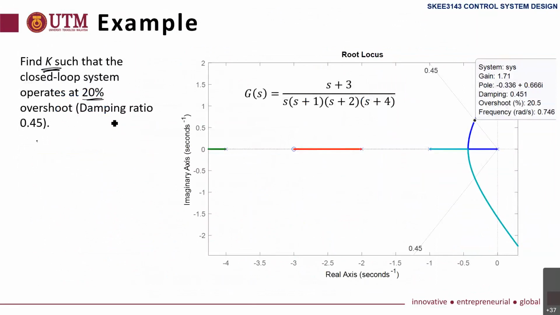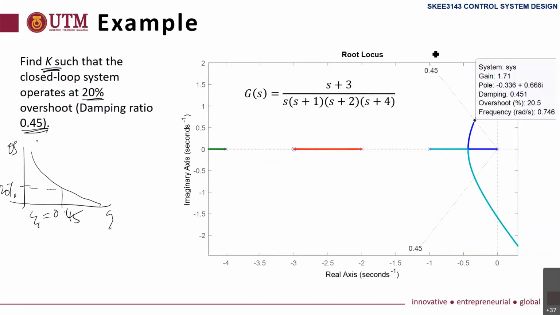So 0.45 damping ratio. In the exam, you will be given the graph, overshoot against zeta. 20% here is about 0.45 damping ratio.